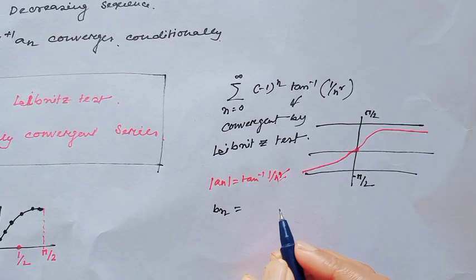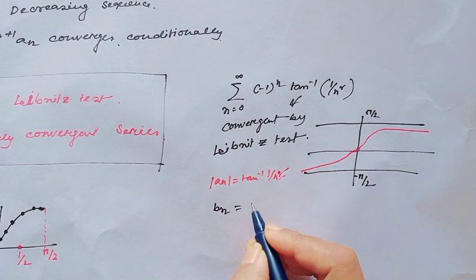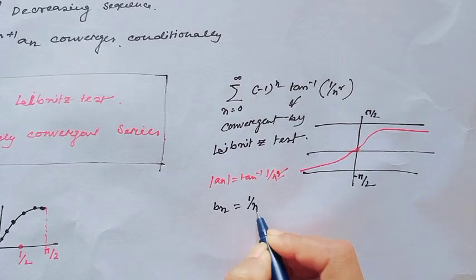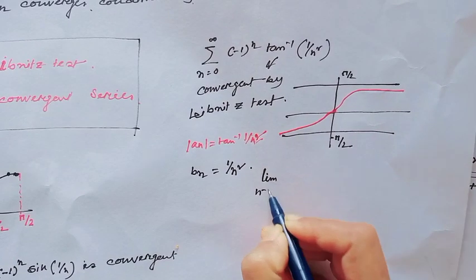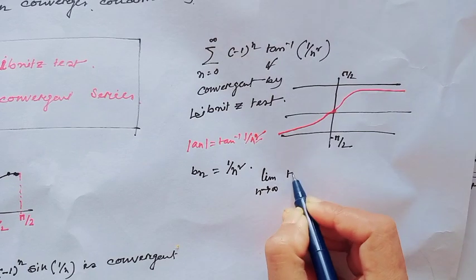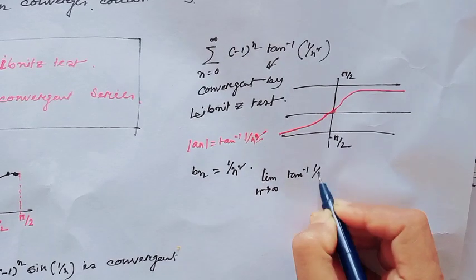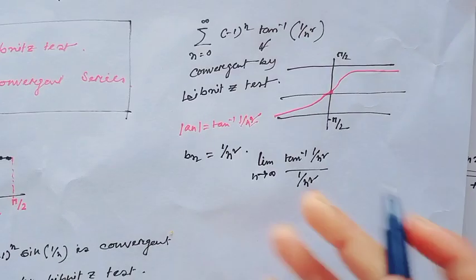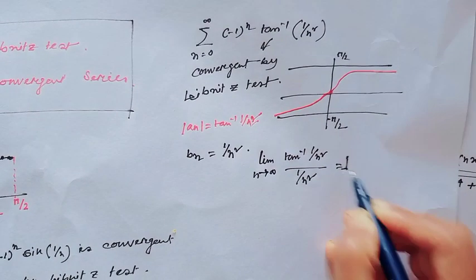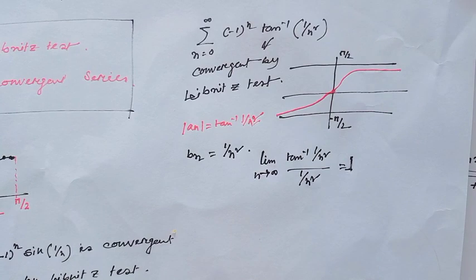Our choosable bn is 1 over n square, and the limit as n goes to infinity of tan inverse 1 over n square over 1 over n square. This value is also 1, which is a finite value.